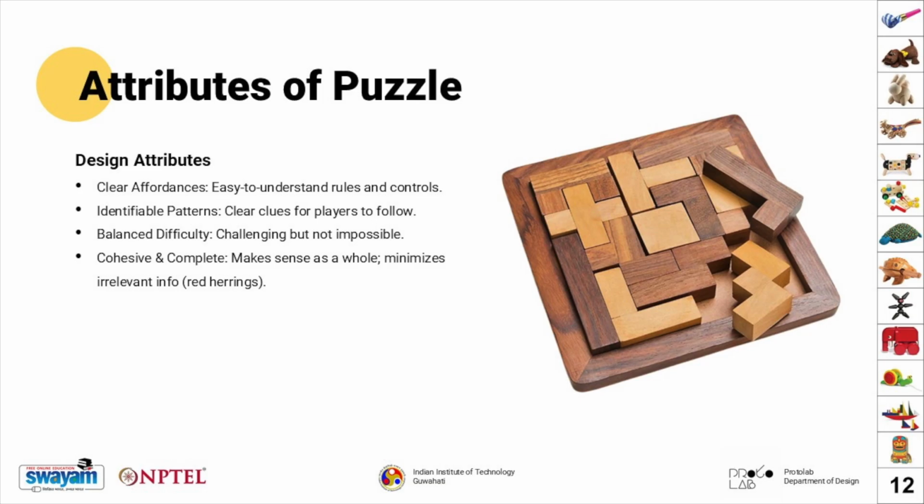The difficulty is balanced. The puzzle is challenging but not impossible to solve. A well-designed puzzle feels cohesive and complete. It makes sense as a whole and minimizes irrelevant information.